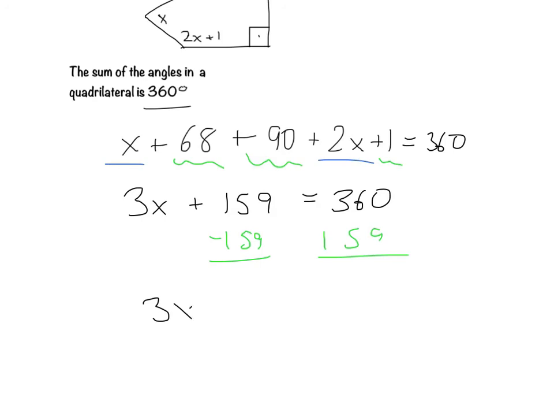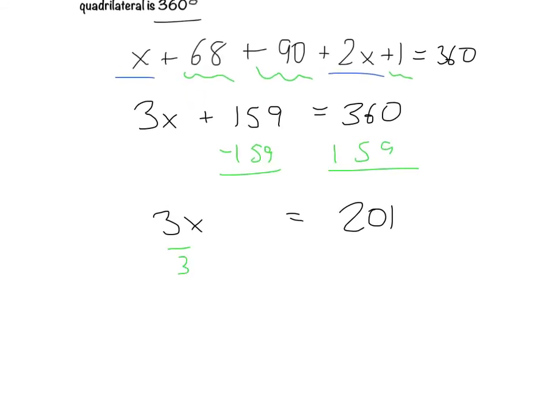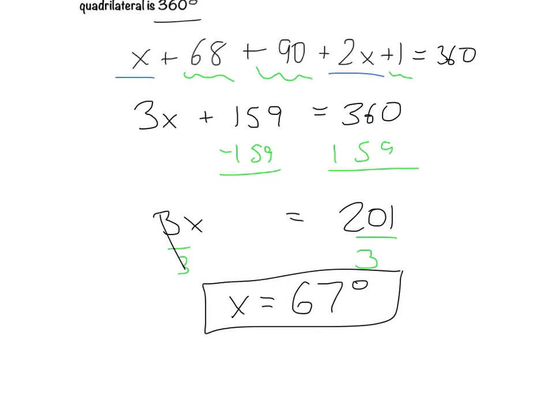Then we've got 3x equals 360 minus 159, which is 201. And lastly, we divide by 3. 201 divided by 3 is 67. So x equals 67, but we're not quite done.